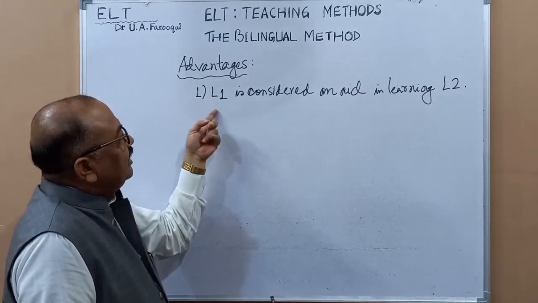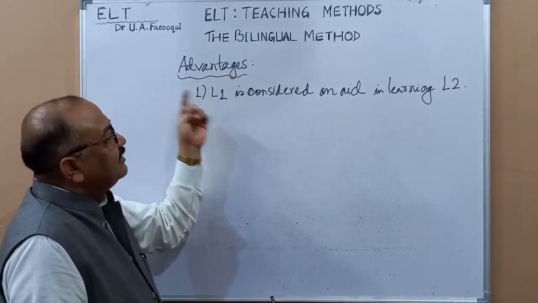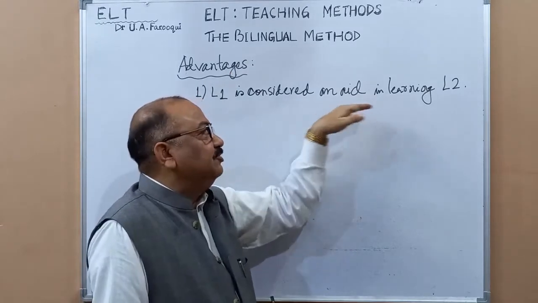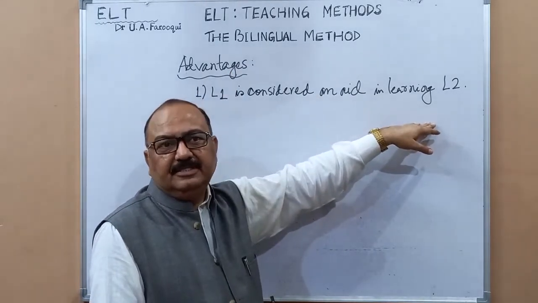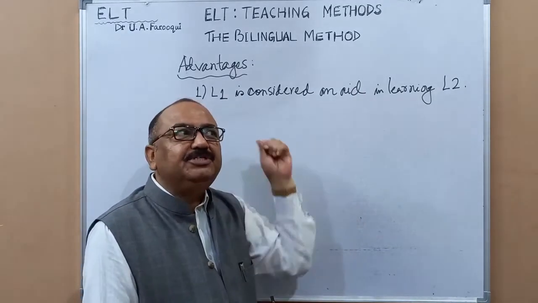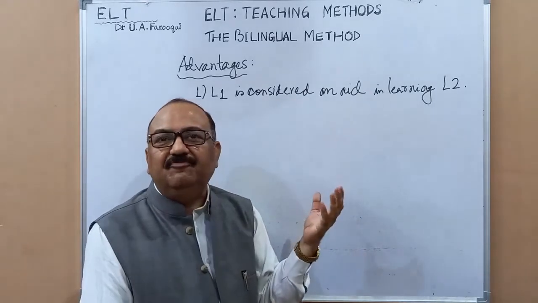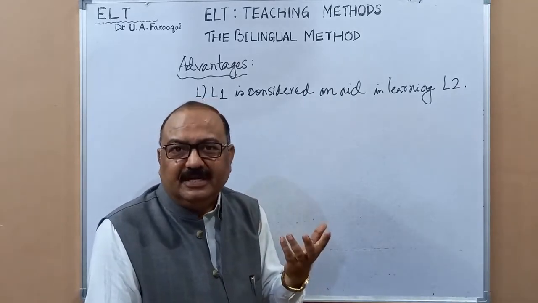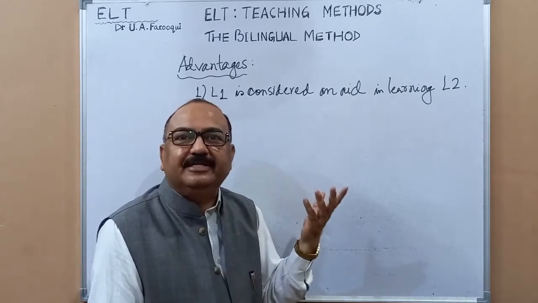So what is the first advantage? That the advocates of the bilingual method consider that L1 is in fact an aid, a strong resource in learning the L2. And students who are taught through this method, the bilingual method, become functional bilinguals. It means they can use the two languages nicely, because they hear that their teacher is speaking the two languages.